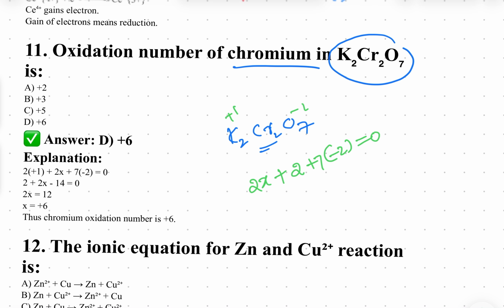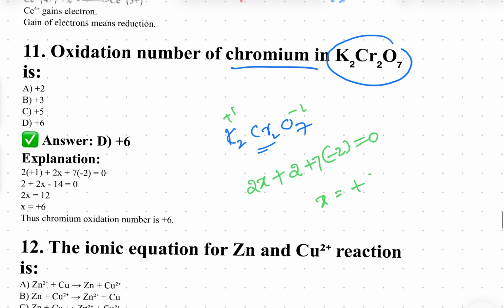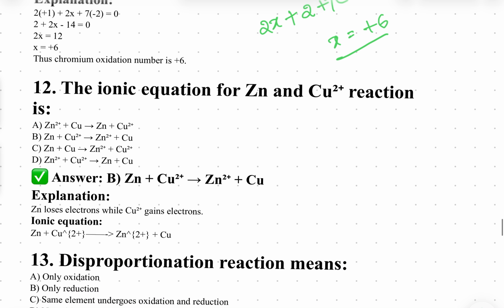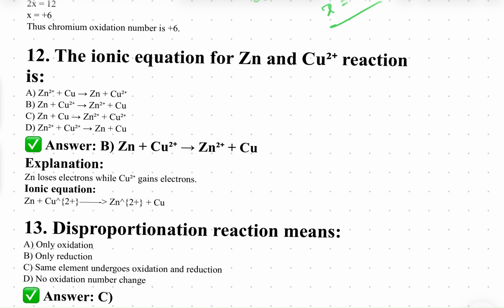Oxygen minus 2, potassium plus 1. So your answer is X equals plus 6. And one last thing, this is a B group element in the periodic table, the sixth B group element, so logically we get plus 6. Clear? That's it.